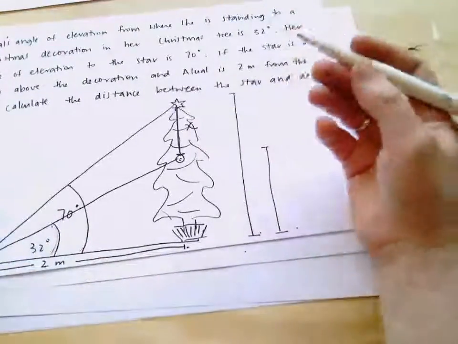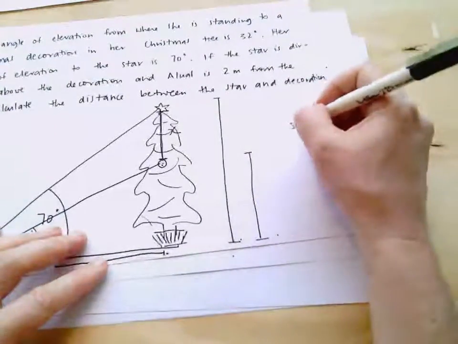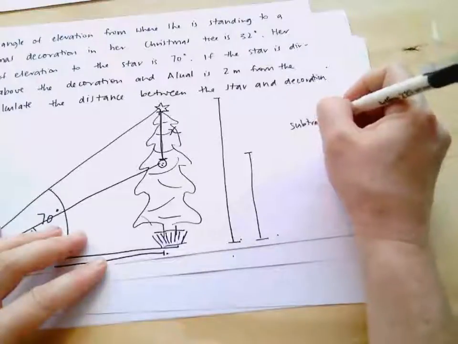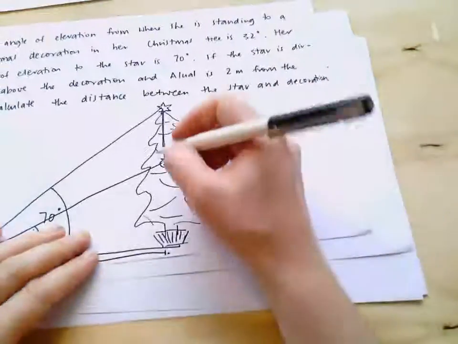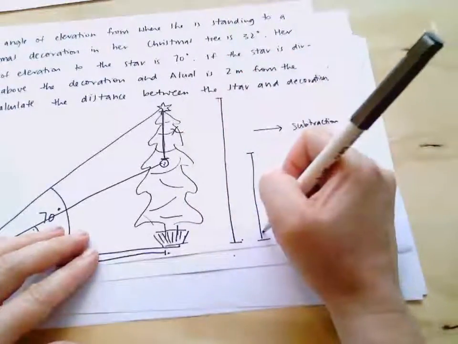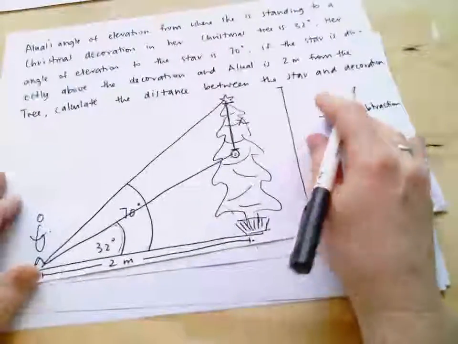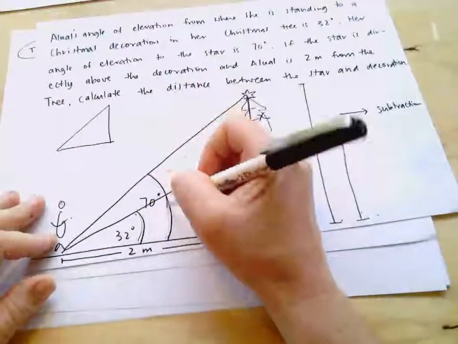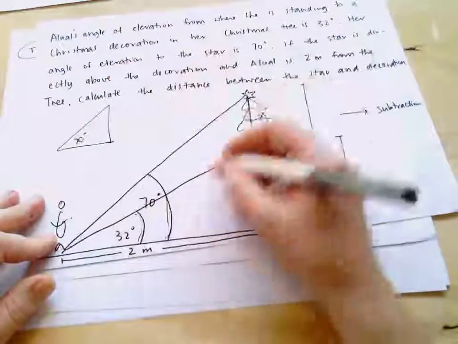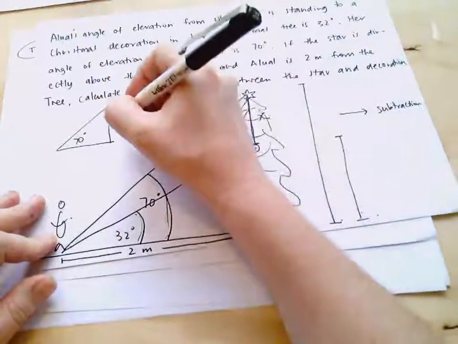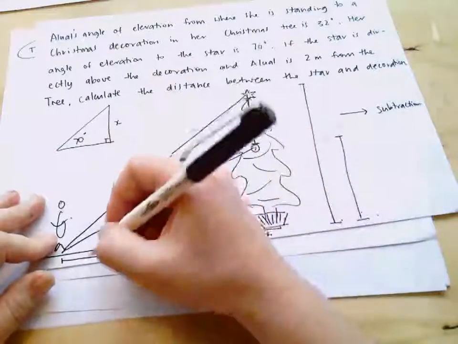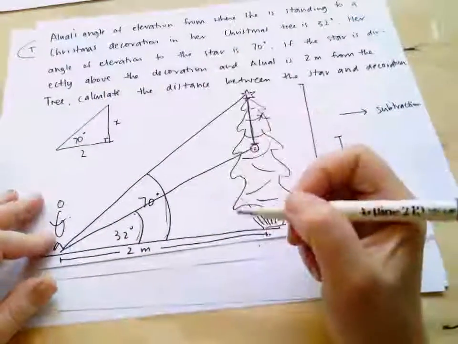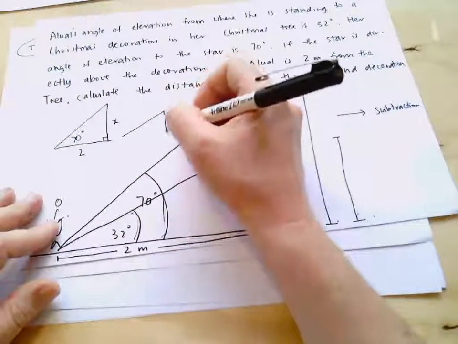So I say to myself, how am I going to do that? I've got to do that subtraction last, but before that I'm going to have to work out this height and this height. So to do that, I'd see that I've got two triangles here. I've got the big triangle with the angle of 70 degrees, and that's going to give me the full height here. I know that Aloa's 2 metres away. And then I've got this smaller triangle.